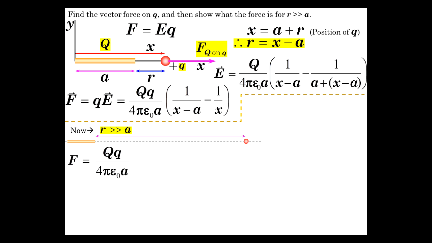F is Qq over 4 pi epsilon a, 1 over x minus a minus 1 over x. Let's multiply it by 1 over x over 1 over x. Then the top 1 over x will put an x in the denominator here. So there it is, right here. Takes care of the top fraction.